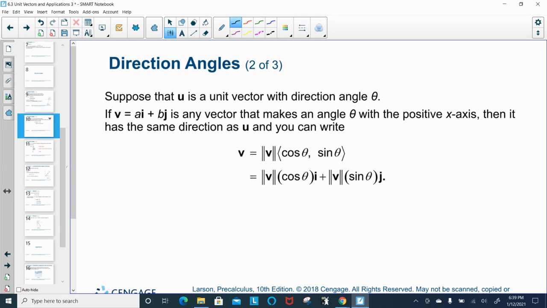So in doing this, we've derived a little formula that helps us come up with the component form of a vector using its theta and its magnitude: the magnitude times cosine theta and the magnitude times sine theta.